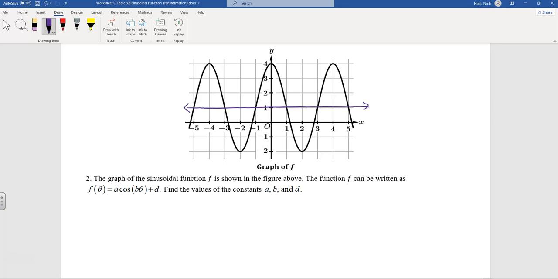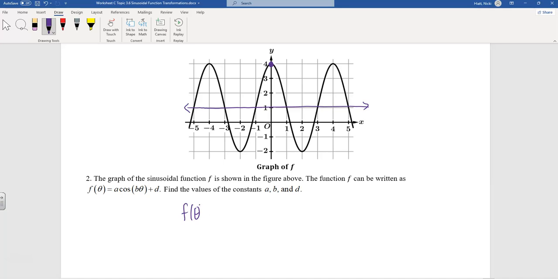Cosine usually has a y-intercept at a maximum point, right? And this graph has a y-intercept at a maximum point. So do I need to flip this or shift it left or right? I do not. I just have to change the amplitude and the midline and the period of the graph. So cosine would be the easiest one to do, and they've asked you to do cosine here.